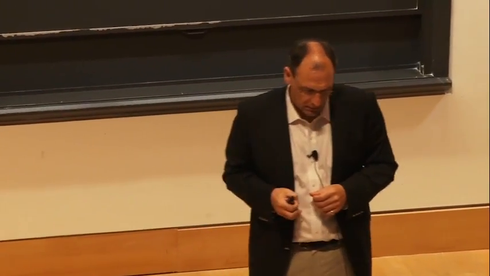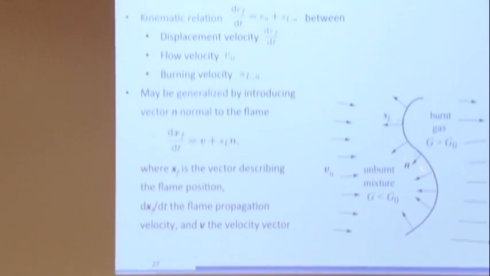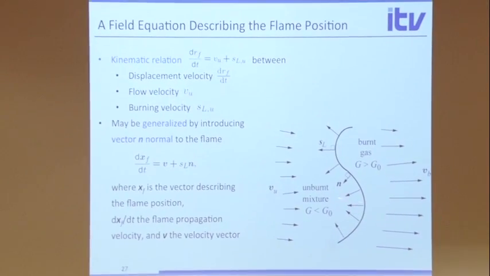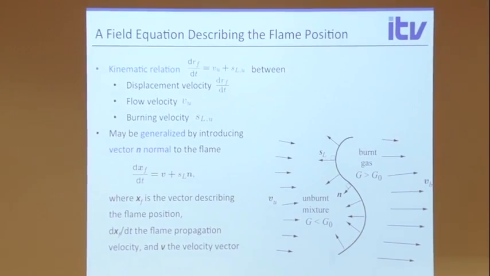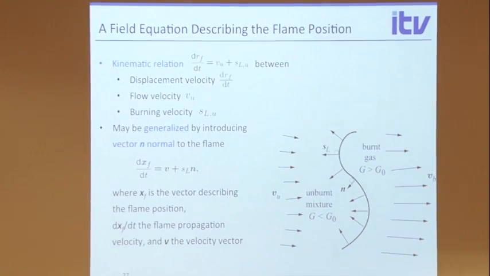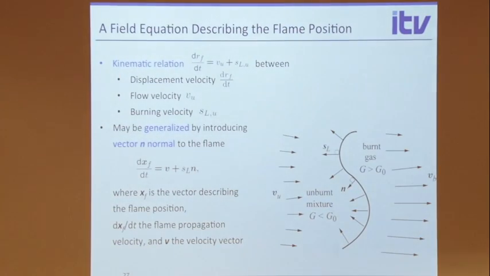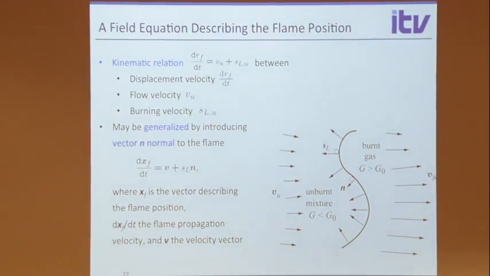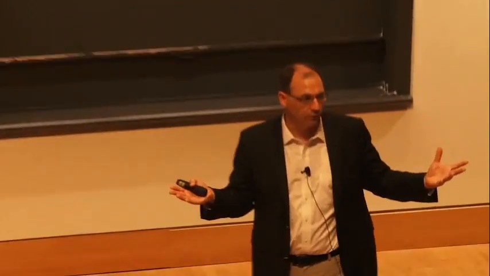So there are different ways in applied mathematics or whatever of how you can track a front. And one is this level set method, which is sometimes used to do this in three-dimensional calculations. The nice thing about the level set equation is you track a front, but you still solve a full field equation.